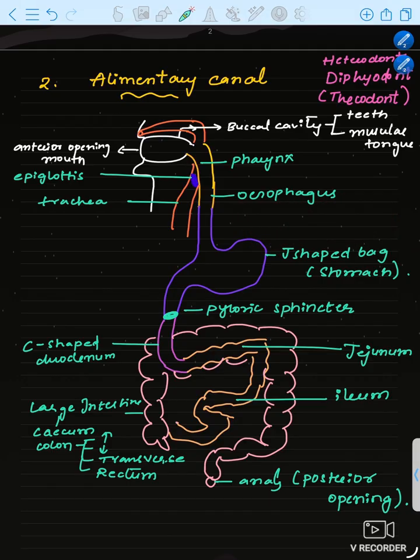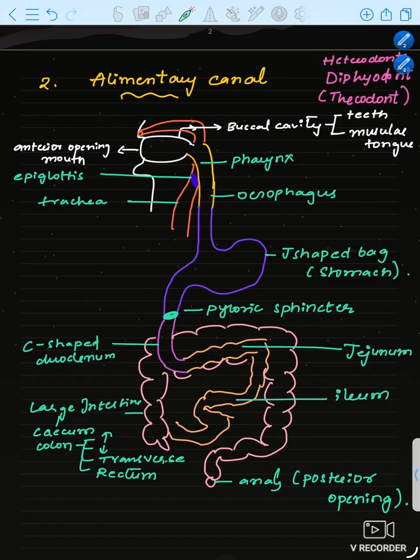You can see here, this is the buccal cavity, this is the pharynx, and the pharynx continues as the esophagus. You might be confused about which pipe is in front and which is at the back. The food pipe is always behind the trachea. You can feel the tracheal rings over your neck, which means the trachea is in front and the esophagus is at the back.